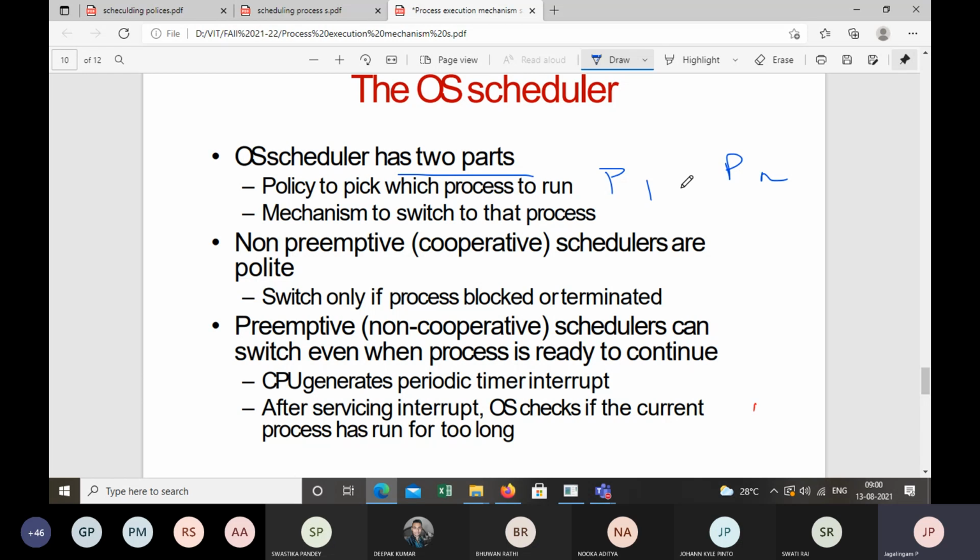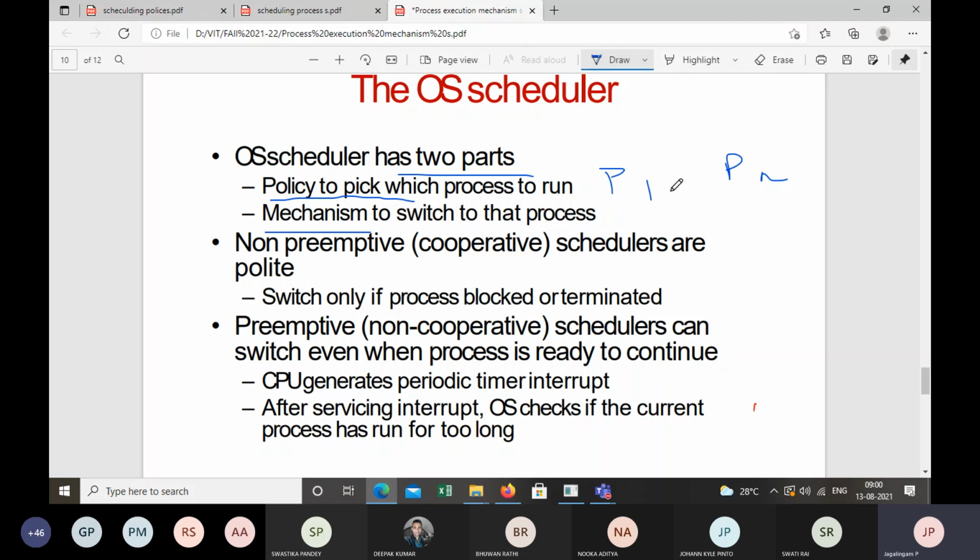Which one should I pick for the execution? For this we have different policies. We'll discuss that later.